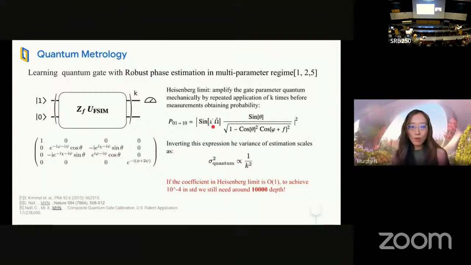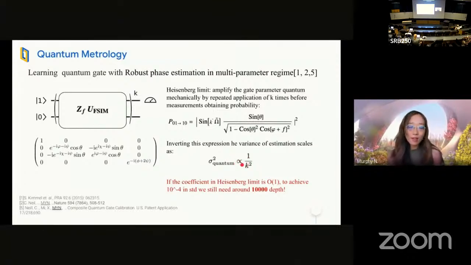And inverting this expression allows us to achieve the Heisenberg limit, where the variance of our learning algorithm scales inversely quadratically as a function of k. This seems fine, but most of the prior art does not really care about the optimality of this scaling, which is the multiplicative coefficient in front of the scaling.